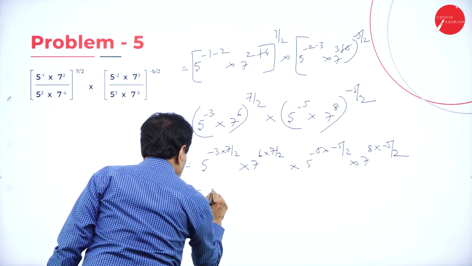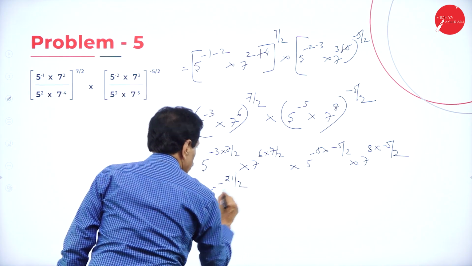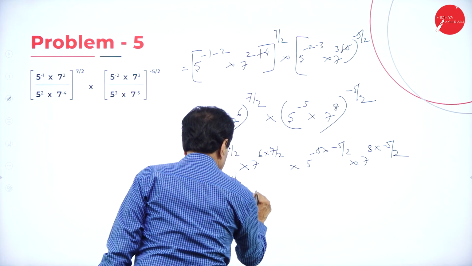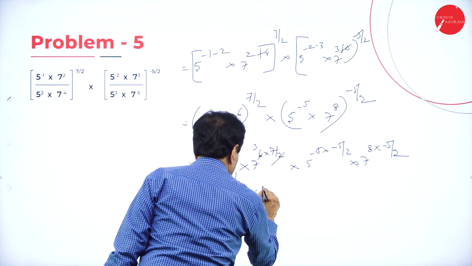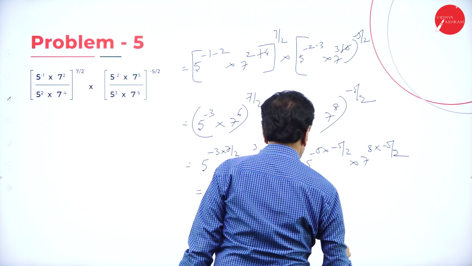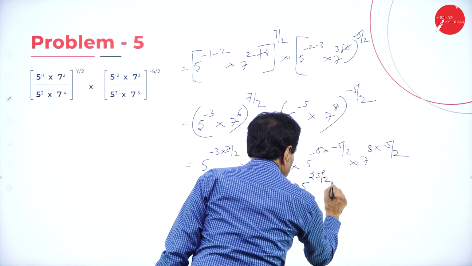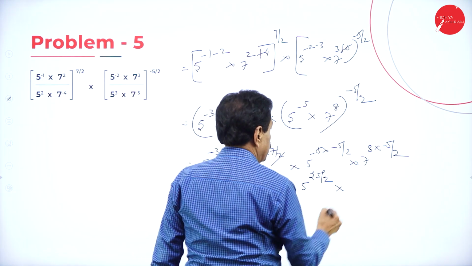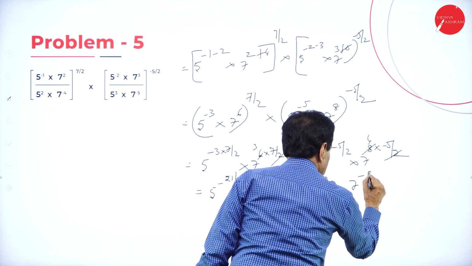This is 5 to the power of minus 21 by 2. This is 2 3s are 6, 7 to the power of 21. This is 5 to the power of 25 by 2. This is 2 4s are 8, 7 to the power of minus 20.